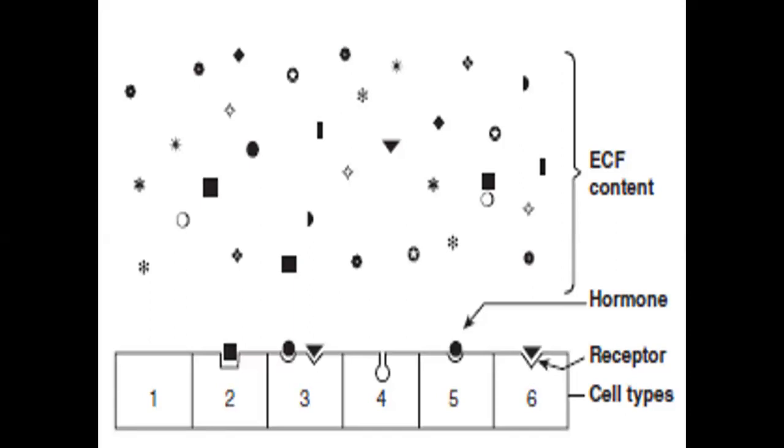By the concept of the target cell theory, a target is any cell in which the hormone binds to its receptor, whether or not a biochemical or physiologic response has yet been determined. To put it simply, any cell which has a receptor for a particular hormone is called a target cell.